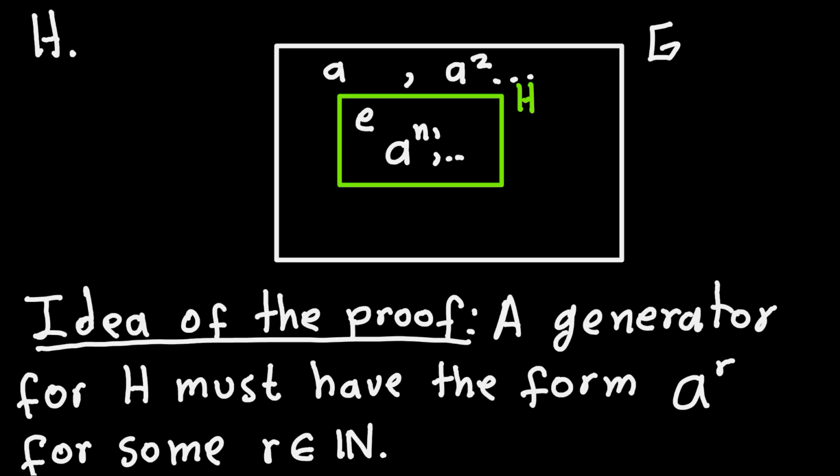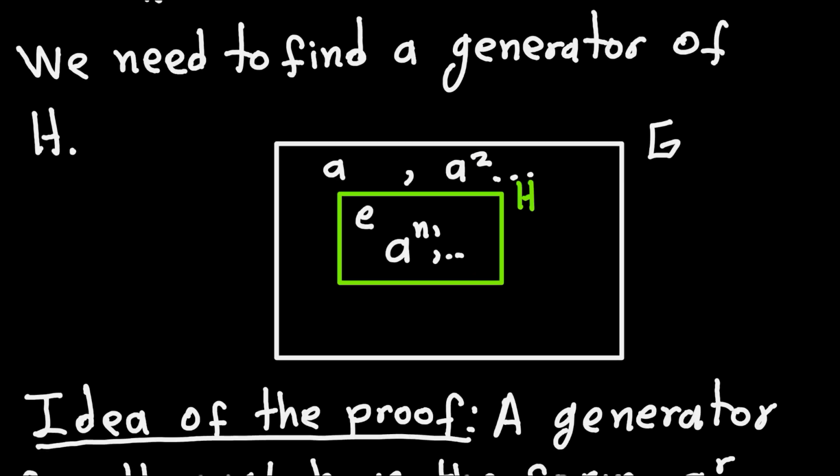So here, let's go over the idea again. G is cyclic, so everything inside G is all powers of A. How do you get a generator for a subgroup? It is a power of A where this exponent is the smallest positive exponent that is in H. That will give you the generator for H. That's the main idea of the proof.